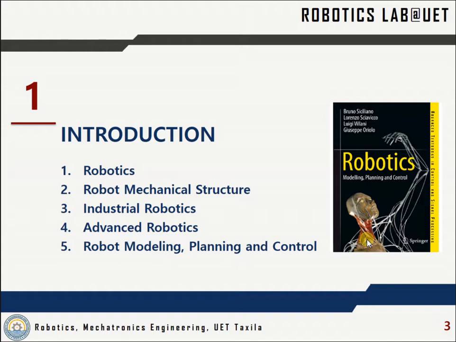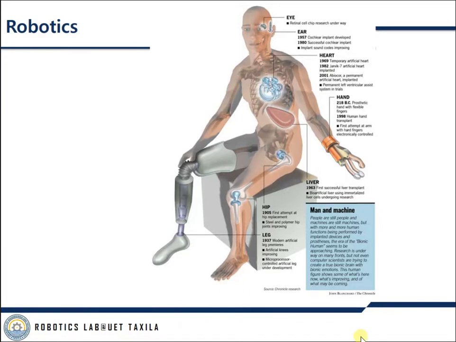Before we formally begin studying this book, let me show you something amazing which is being achieved, and is still in progress, in robotics. Here you can see a man with different equipment installed in his body.